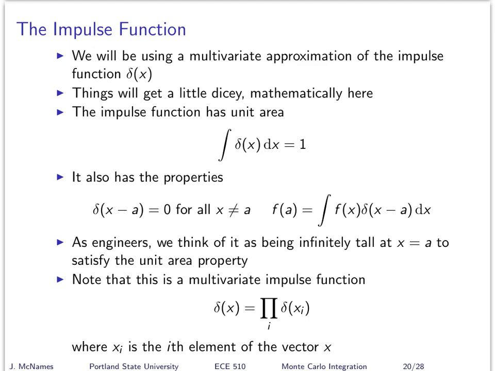Mathematicians do not like functions that have infinitesimal supports and are infinitely high. There's a whole body of mathematics, measure theory, I think, that is used to handle situations like this, where they go about it in a different, much more rigorous way than what we normally do. We're perfectly fine saying, oh, delta of x, it's infinitely high, it's infinitesimally wide, and it has unit area.